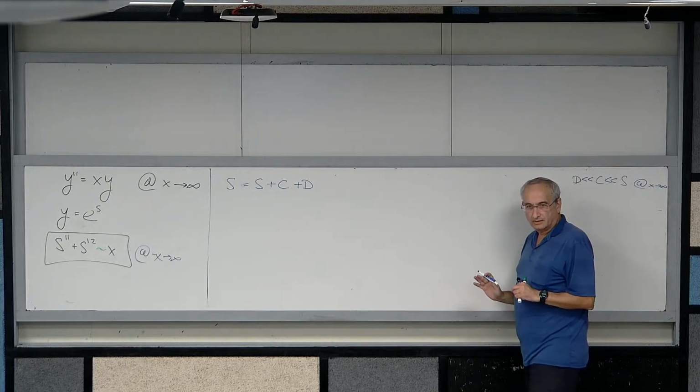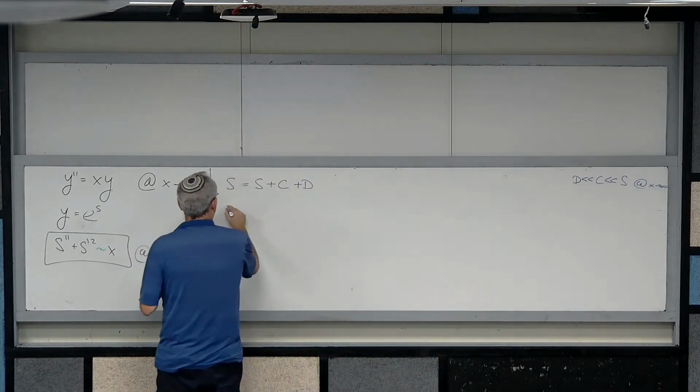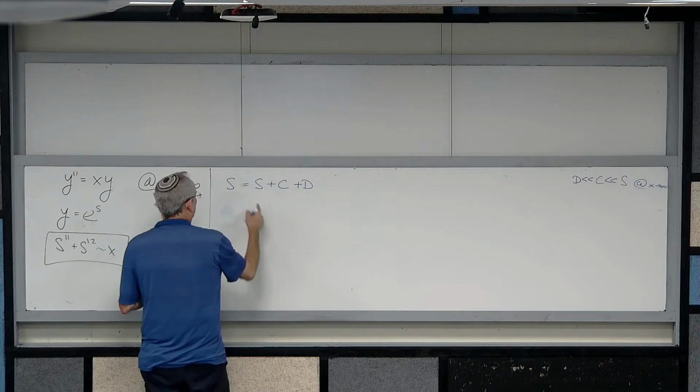Okay? And this implies that the equation is maybe written, okay, I used S twice, right?